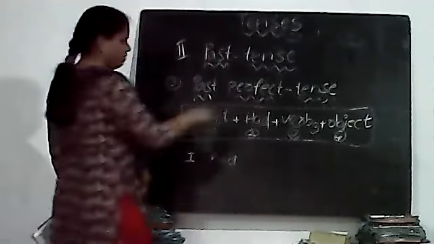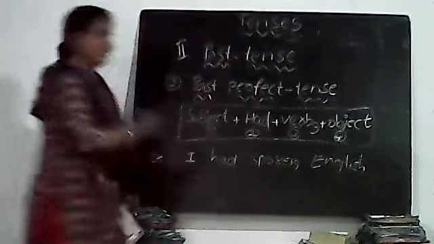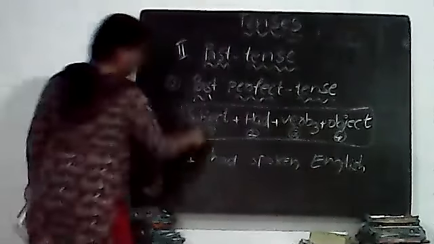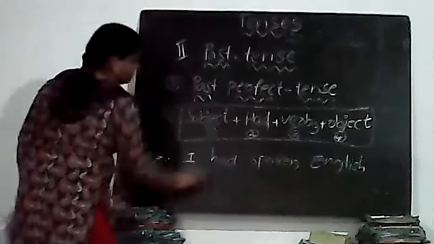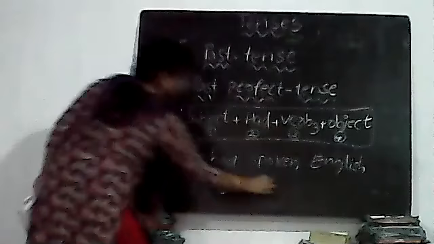Here also, which form is there? Verb form. I had spoken. Verb 3 form goes to spoken. Object goes to English. What are we speaking, what have we spoken? English. So here I write the first part, the second helping verb part, the third verb part, then the object part.